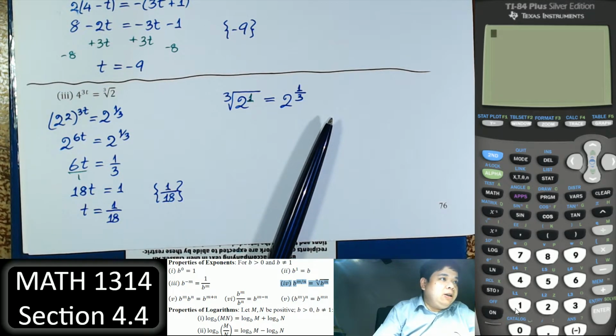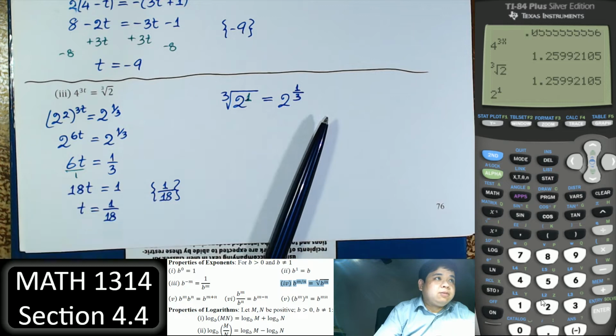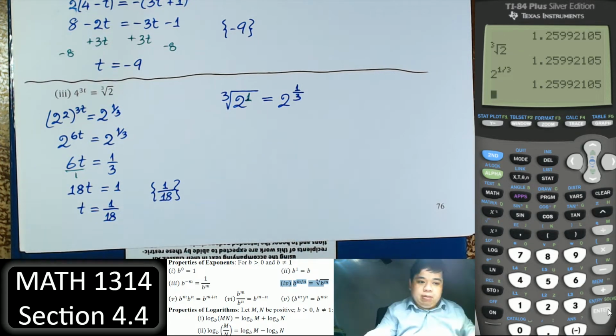Now 1 divided by 18, store into x, and then we have 4 to 3 times that, and then the cube root, hit math option number 4. Or we just say 2 to the 1/3. Either way, we have the same thing.